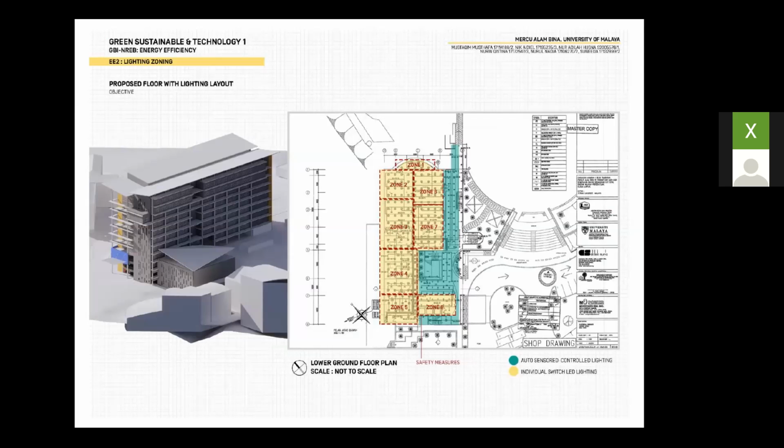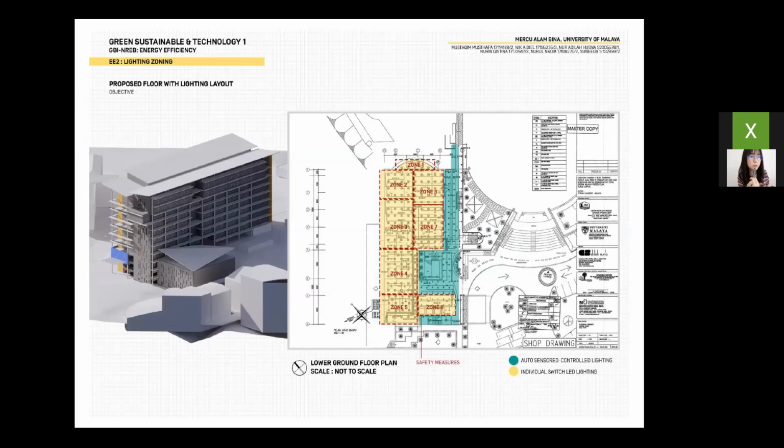Okay. So for lighting, basically, we would like to propose for the lighting switch. It will be under zoning, where I zone it so that the individual switch will be located for the LED lighting purpose, and then the green one is for the auto sensor lighting.